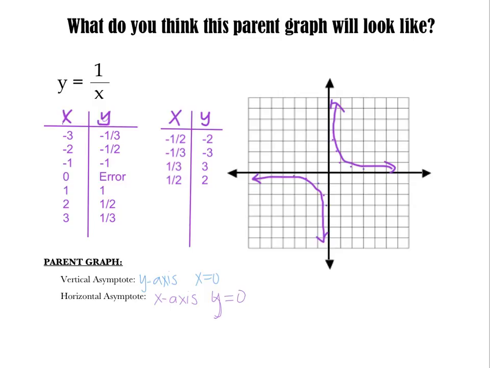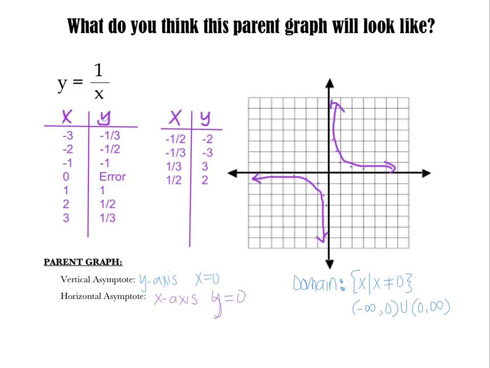So if I were to write the domain of the parent graph, the x values, I can put in any x value except for when I put in 0, I get an error. So that means I'm going to have all x values except for 0. So we're going to practice writing in both the set and the interval notation because you're going to need to know both.